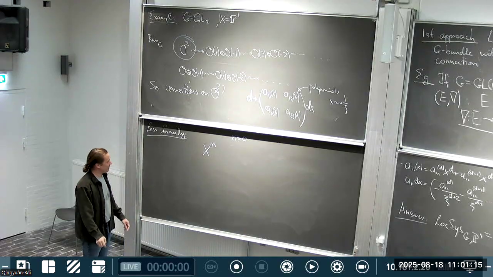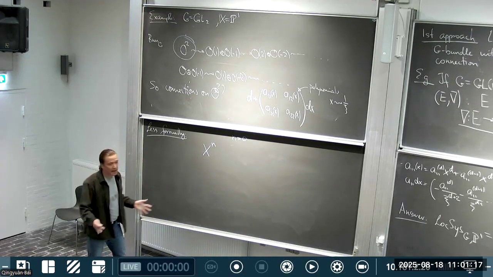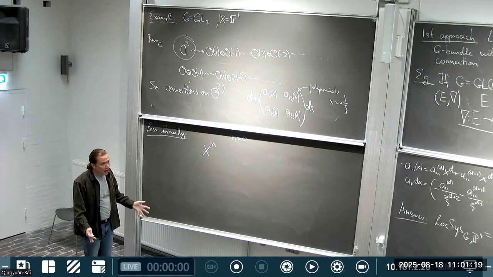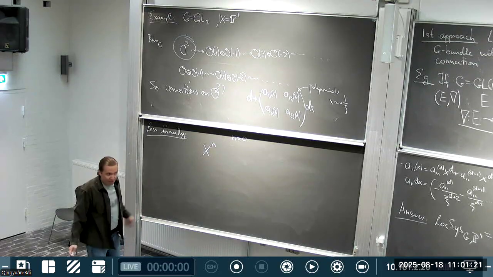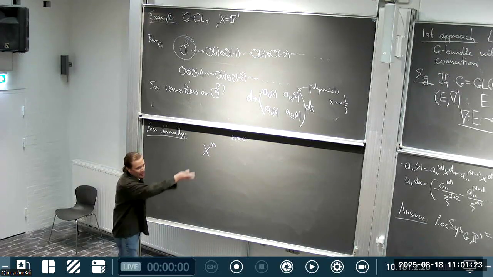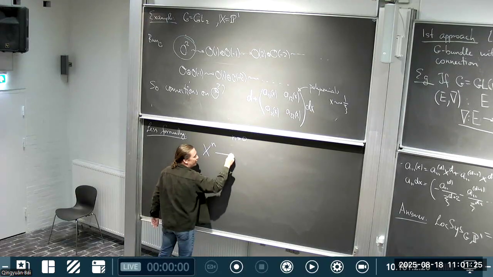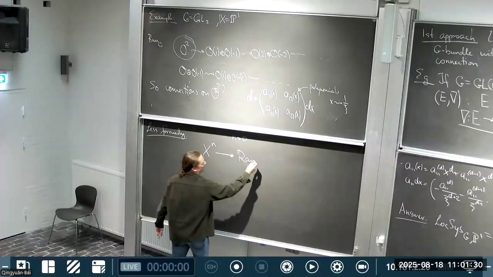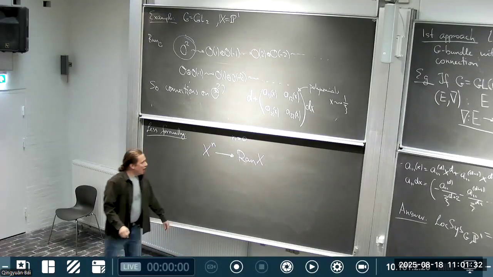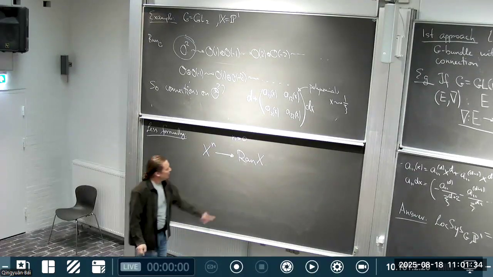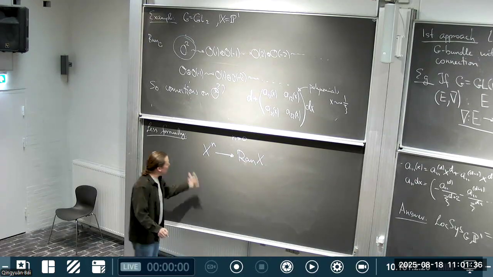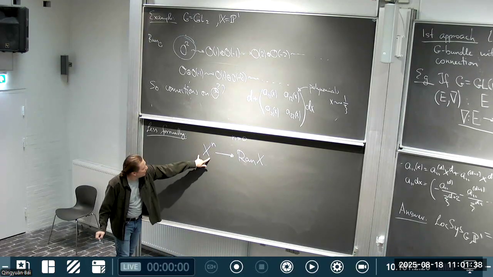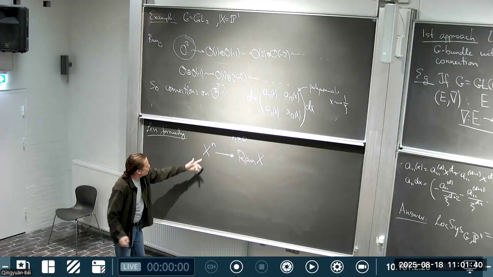So these are ordered n-tuples of points of X. That doesn't give me a finite subset of X. And in fact, I can follow the definition and see that this gives me a map to the Ran space.